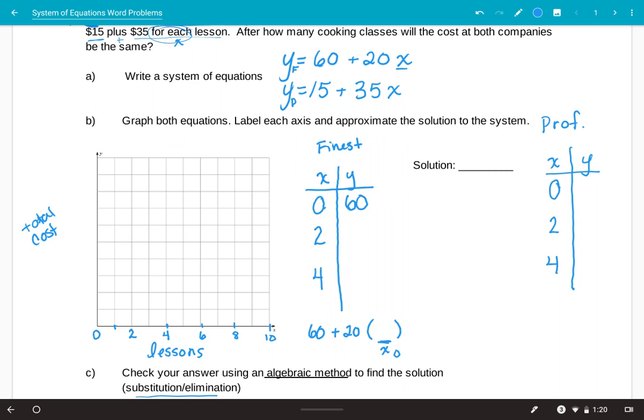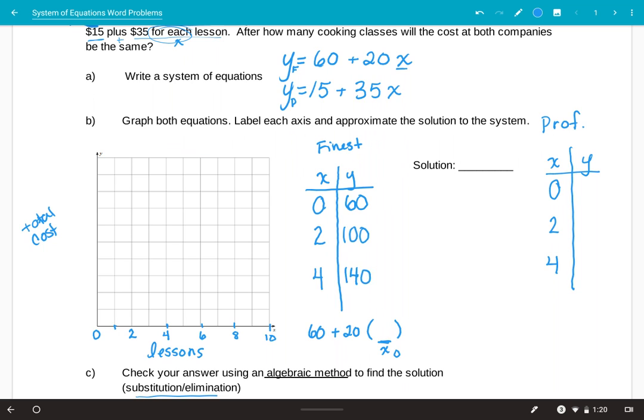Then I'm going to go to the next one. So 60 plus 20 times 2, I'm going to have to do 100. And then I'm going to do 4. If I bought 4 classes plus the $60 registration, I get 140.